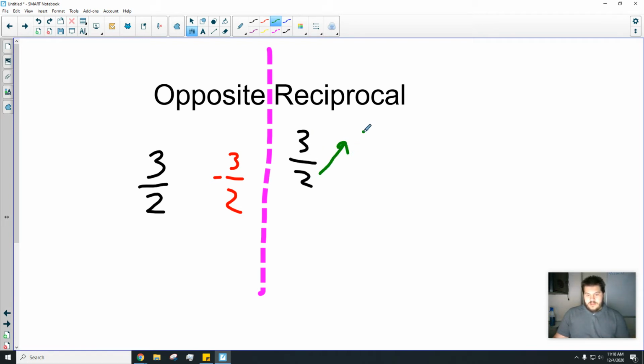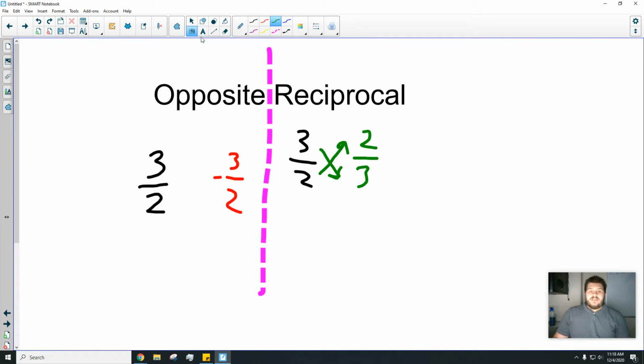So the 2 goes up top and the 3 goes on the bottom. So the reciprocal of 3/2 is now 2/3. So the opposite of a number is just the same number with a different sign. The reciprocal is we take that number and we flip it. So 3's on top, it's now on the bottom. 2's on bottom, now it's on top.